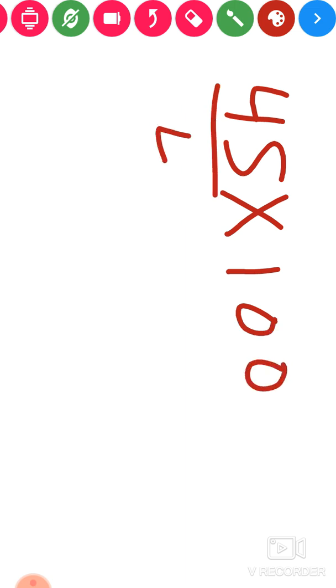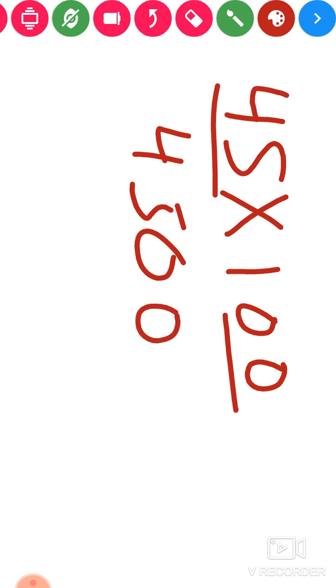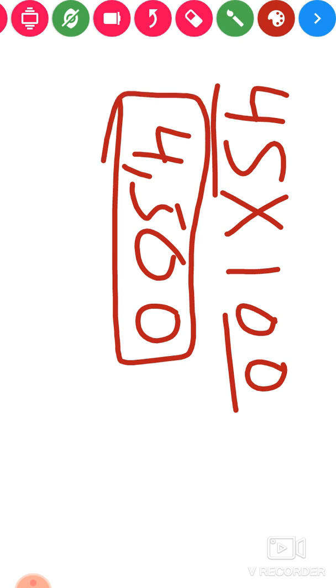We will write 45 and add these two 0s on the right side of the number. So our answer will be 4500. Okay. Great. Now let us move toward 2-digit multiplication.